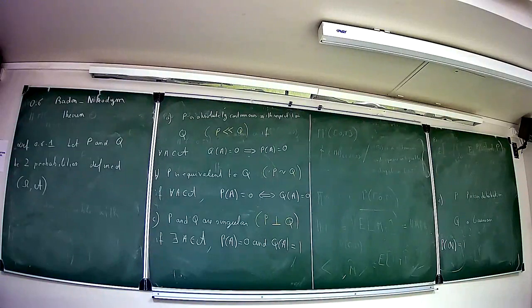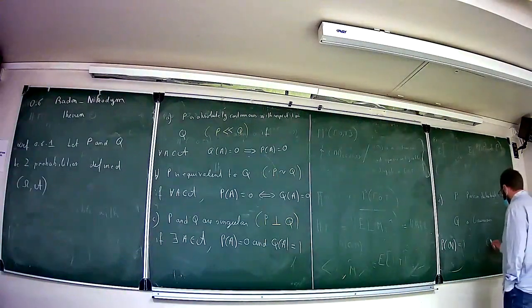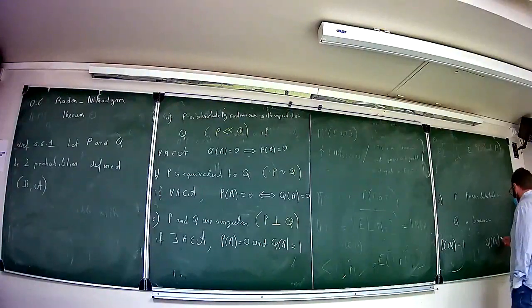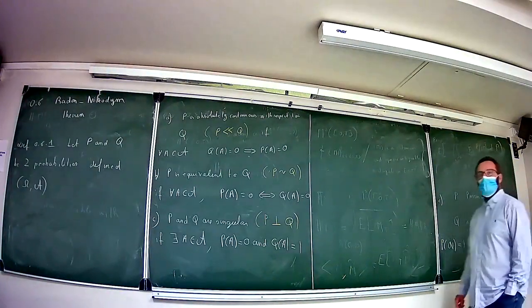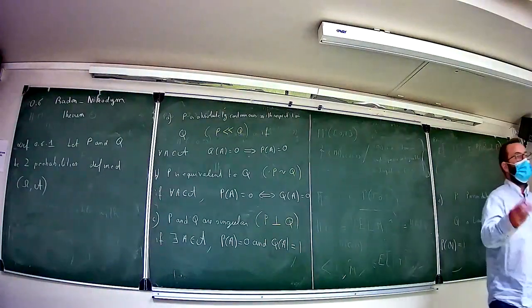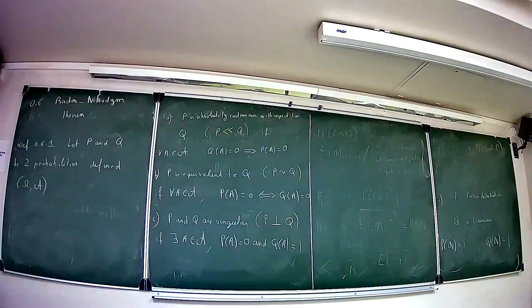If you do this in a countable way, it will be 0 also. For all the random variables with density, if you take a countable set, the probability of this countable set will be 0. For sure.